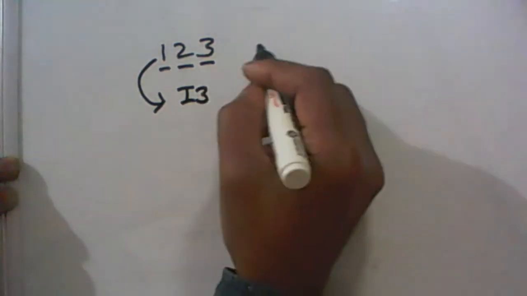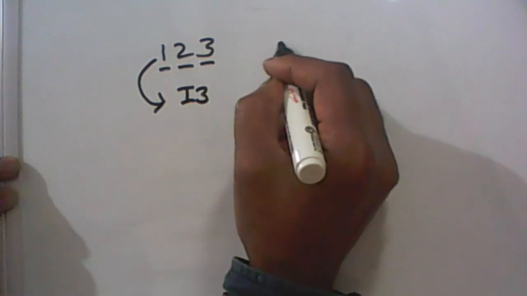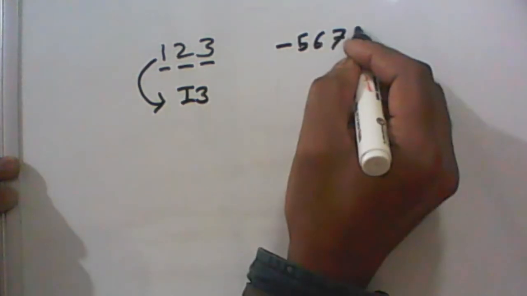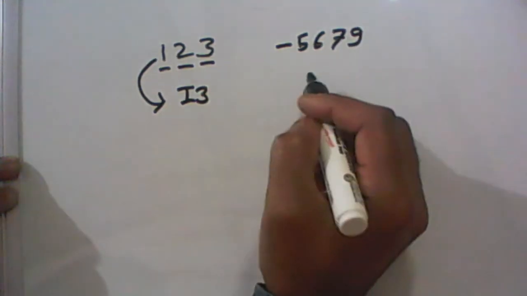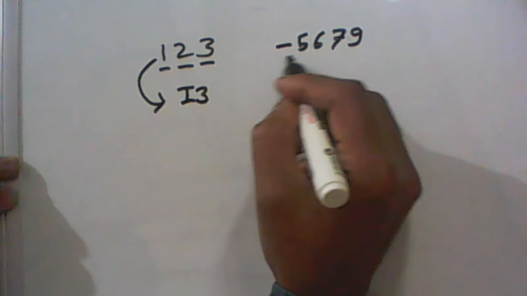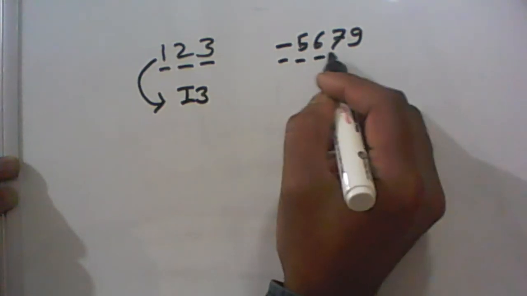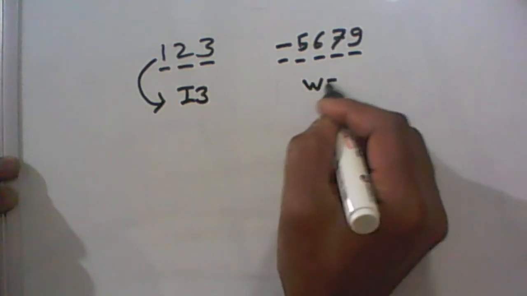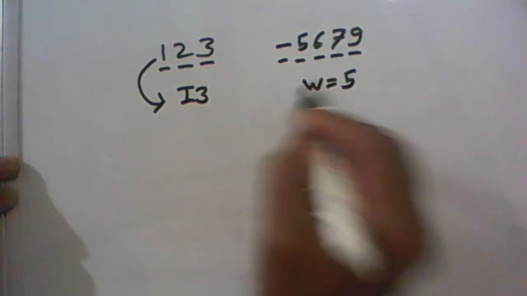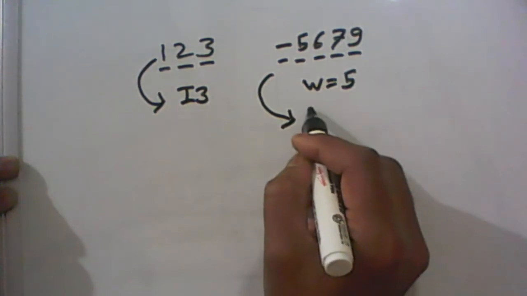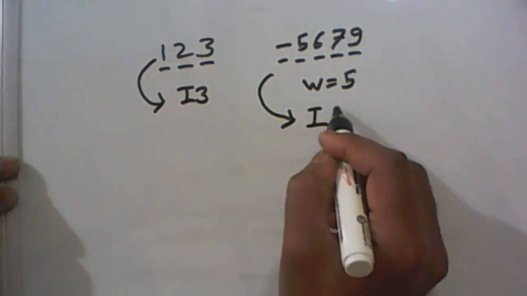Okay, say I have another data that is minus 5679. So what is the width of this data? This is 1, 2, 3, 4, 5. So W here is 5 and it is integer. So the format for this data can be specified as I5.